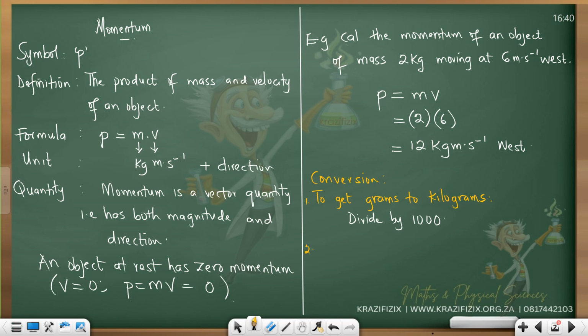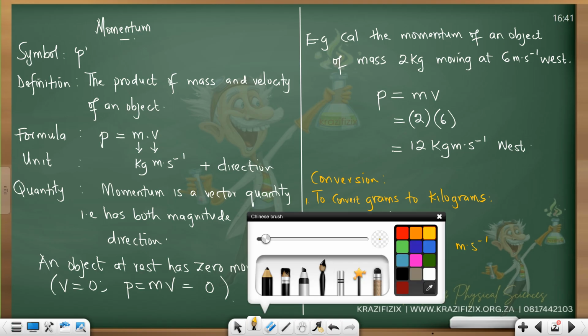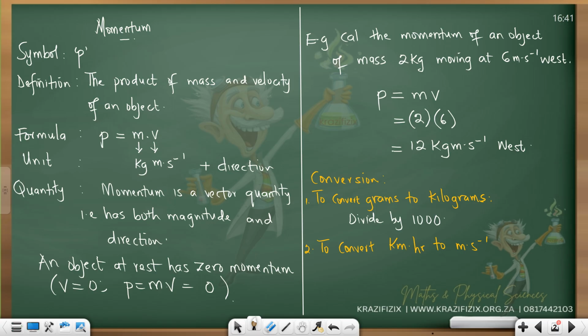Momentum is the product of mass and velocity. Now, to convert grams, I'm supposed to convert. A lot of things here are revision. To convert kilometer per hour to meters per second, what do we do? A lot of people always try to cram the 0.28, which I don't really like, or 0.36.